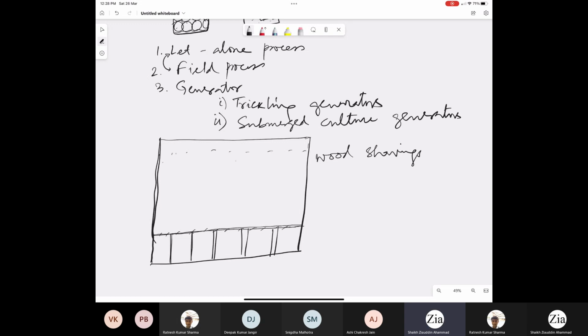and typically they use beech wood shavings, because when you use different kinds of woods, different aroma and color will be contributed by the wood, because different organic compounds present in the wood will also get leached into the liquid, and that will give different aroma as well as color to the vinegar.